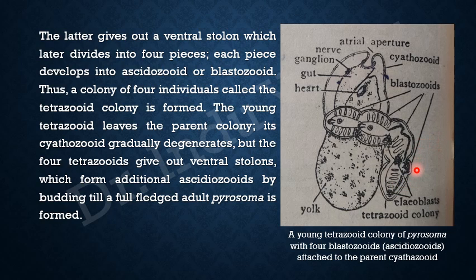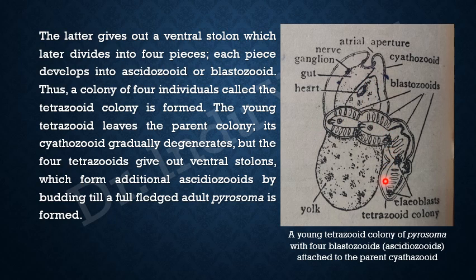The young tetrazooid leaves the parent colony, its cyathozooid gradually degenerates, but the 4 tetrazooids give out ventral stolons. Now, the cyathozooid had given out one stolon which forms the tetrazooid. When the cyathozooid gradually degenerates, then they become free.